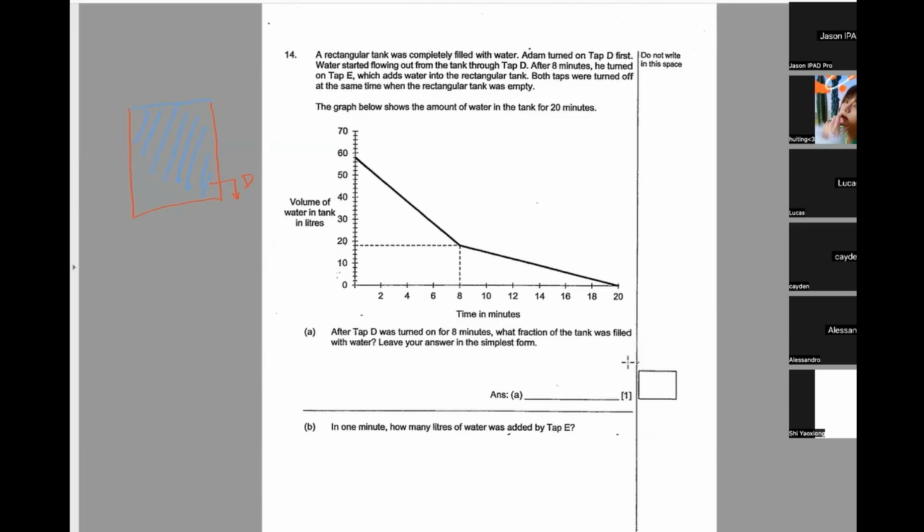So there must be a tap E that adds water. And both taps were turned off at the same time when the rectangular tank was empty. So this is the point where they turn off. This is the point where tap E comes in. This is where tap D only. Then tap E plus D.